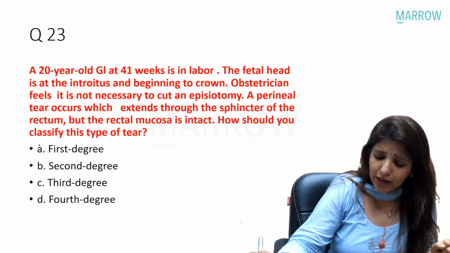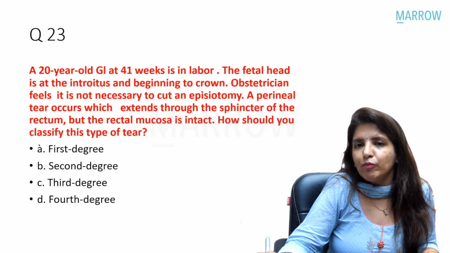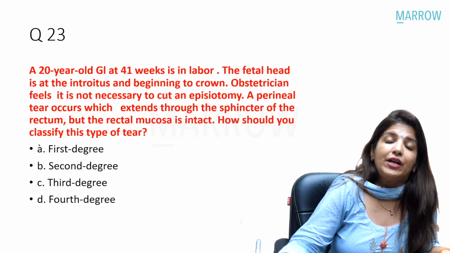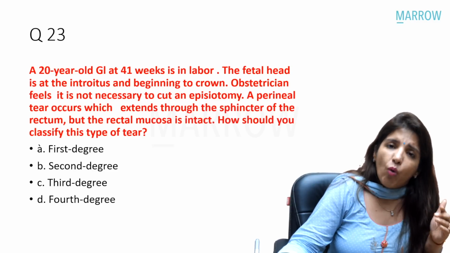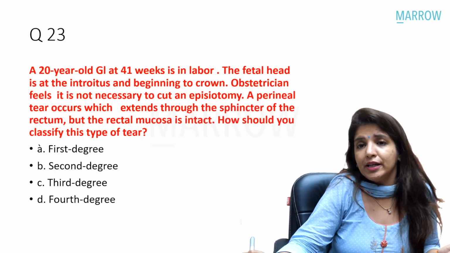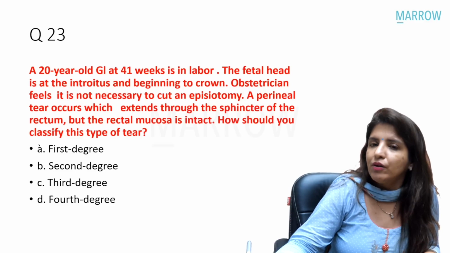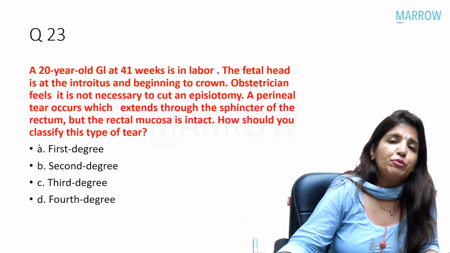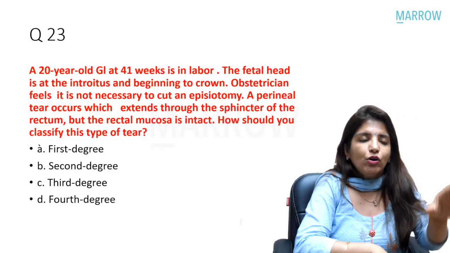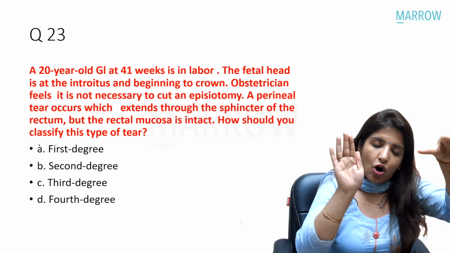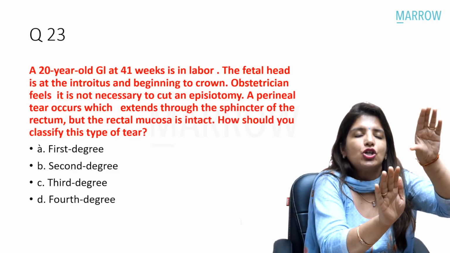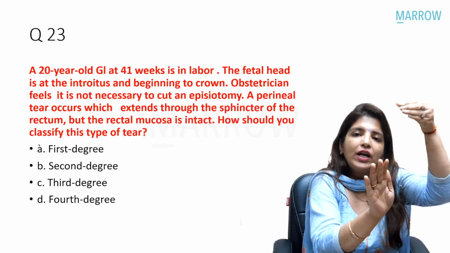A perineal tear occurs, right? So if WHO says that episiotomy is not indicated in all pregnant females who are delivering, then what is the best method which is advised by WHO to prevent perineal tear? The best method advised by WHO to prevent perineal tear is not episiotomy. It is that when the head of the baby is delivering, the obstetrician should support the perineum with one hand, and they should have a controlled delivery of the head of the fetus.